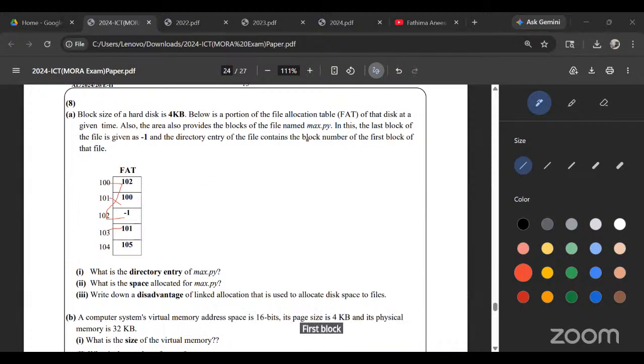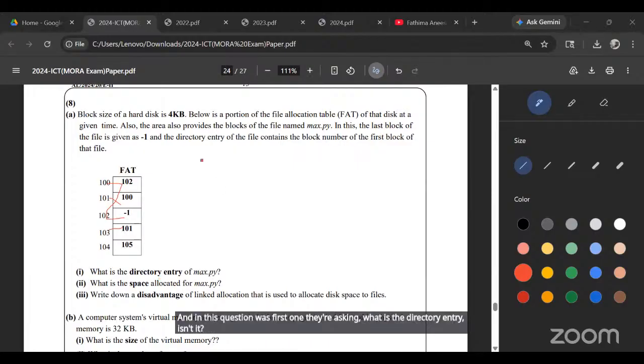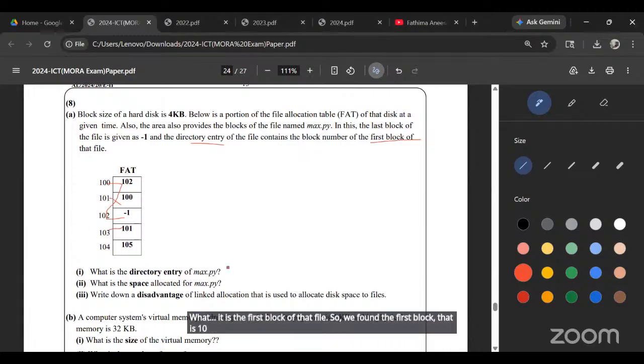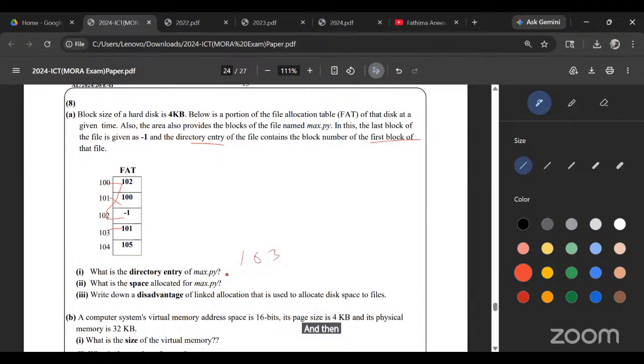And in this question, first one, they're asking what is the directory entry, isn't it? And in this question, the directory entry is the first block of that file. So we found the first block, that is 103. So the answer for the first one is 103. Okay, 103 is the answer for the first one, right?